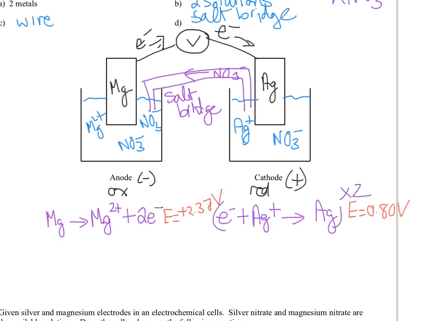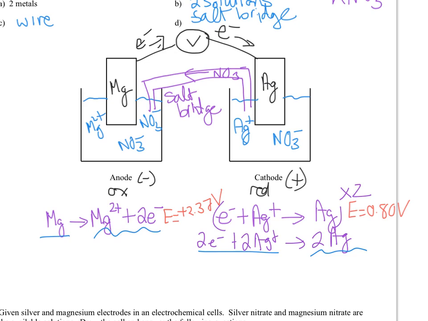Now when you multiply it by 2, you do not change the potential. That is not multiplied by 2, that stays the same. So this becomes 2 electrons plus 2Ag+ yields 2Ag. Then we combine them together, so we put the reactants together and then the products together.